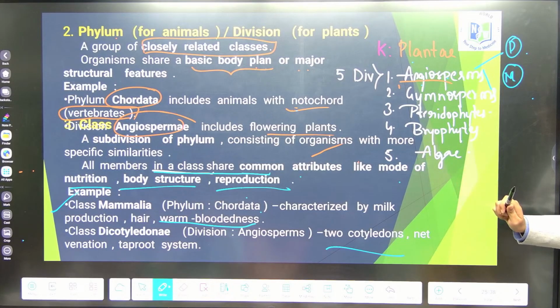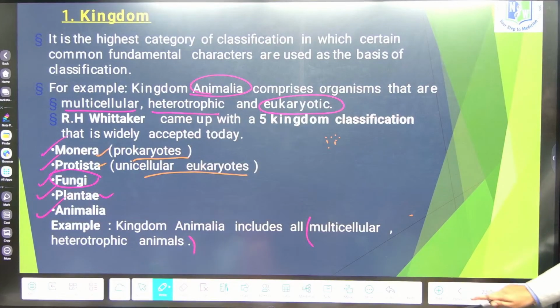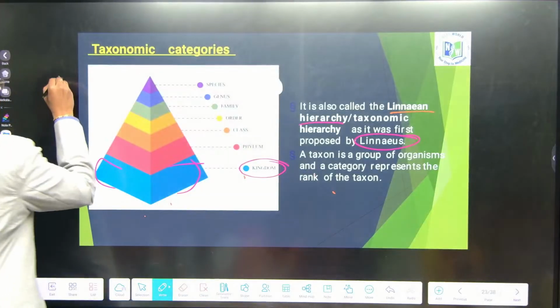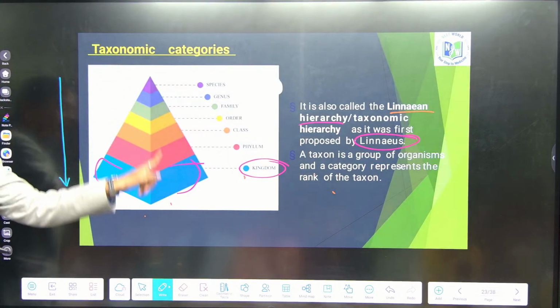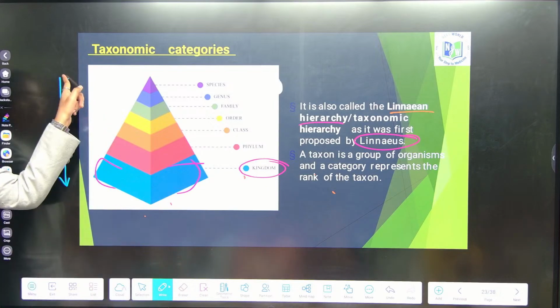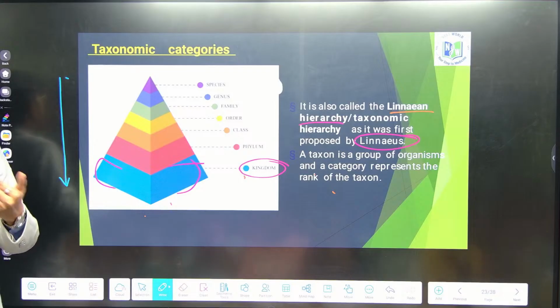That is important. If you observe it clearly, the amount of common characteristics shared by organisms increases as you increase the taxon level. That is, if you travel from species to kingdom, the level of common characteristics shared amongst organisms in a specific taxon increases.